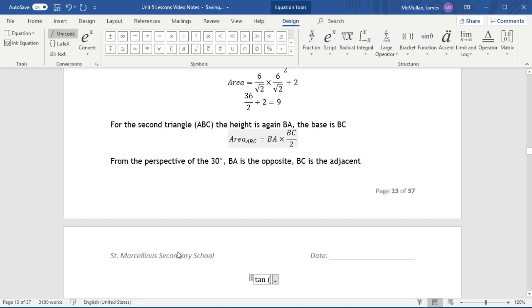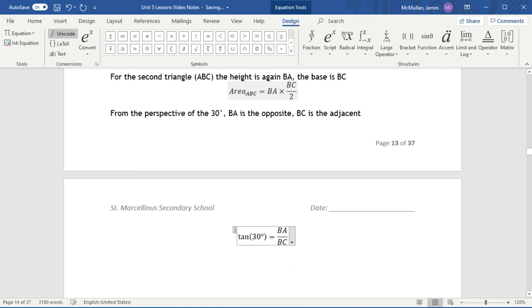Therefore, tangent of 30 is equal to the opposite, BA, divided by the adjacent, BC. Let's fill in what we know. Tangent of 30 we know is 1 over square root 3. We know that exact value from earlier up the page. Okay, we know that BA is 6 divided by square root 2.